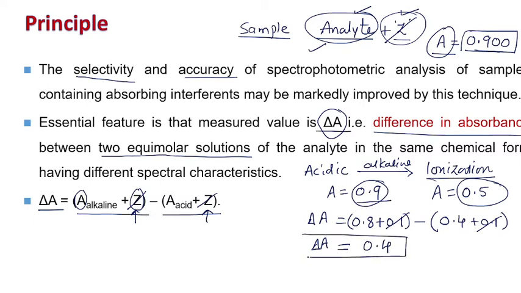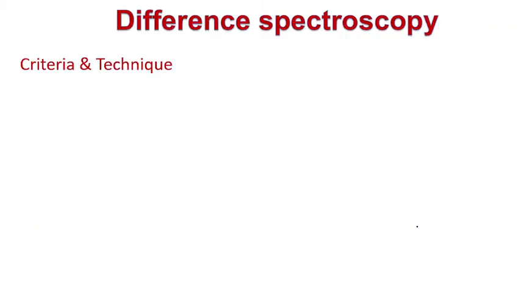This is a difference in absorbance, and this absorbance is only because of the analyte. Though the interferents were present in the sample and were absorbing, they have been removed. So this is why we need to have a difference in absorbance. Here Z are impurities or irrelevant substances.